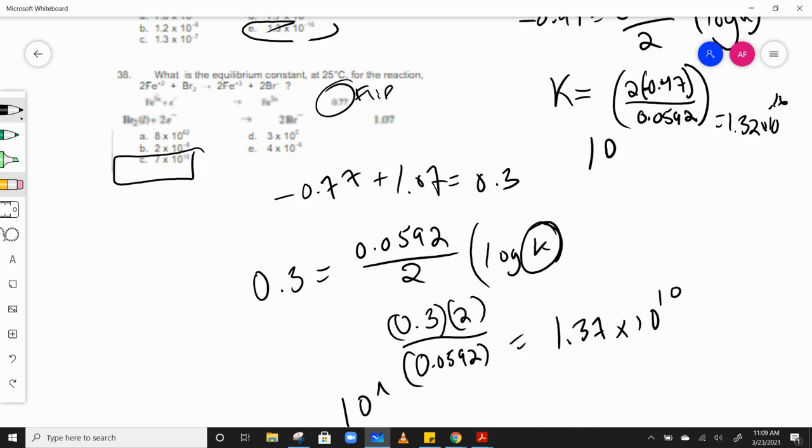I don't know why they got 7. I don't know if I screwed something up somewhere or wrote a wrong number, but this is what I got. I couldn't figure out what I did wrong or if the answer was wrong. So if anyone knows what I did wrong or where I made a mistake, let me know. But otherwise, that's as close as I'm going to get to it right now. It's 2 electrons.